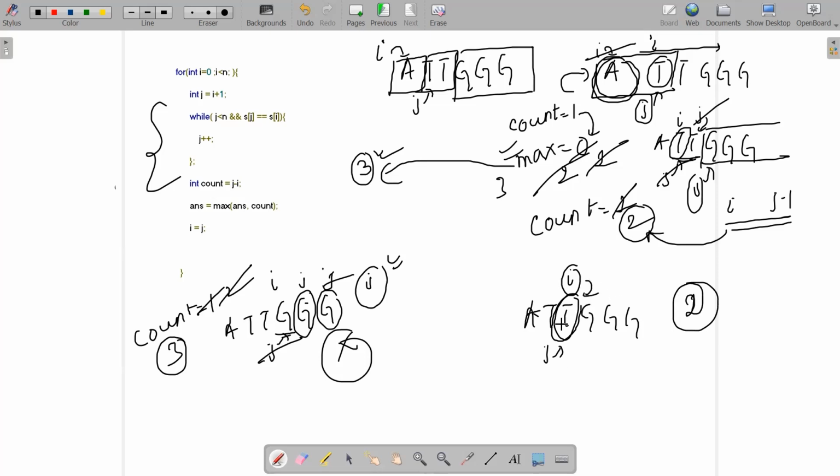Once I can visit it, once J can visit it, not more than that. So how many characters are there? So I can say 2n is my overall number of operations here. And the 2 is a constant, I can neglect that. So overall complexity will be linear in nature. Even if there are 2 loops, my overall complexity is going to be linear, O of n.